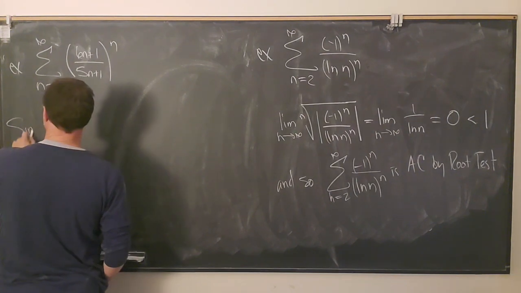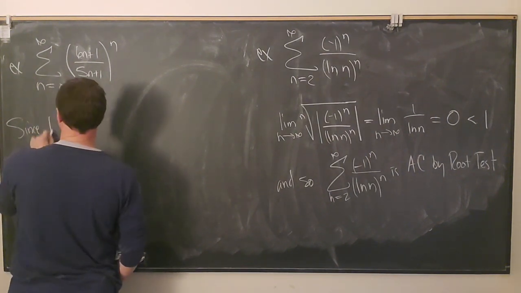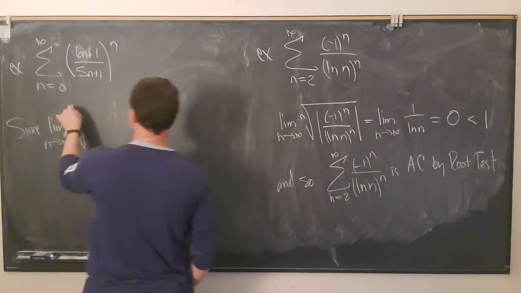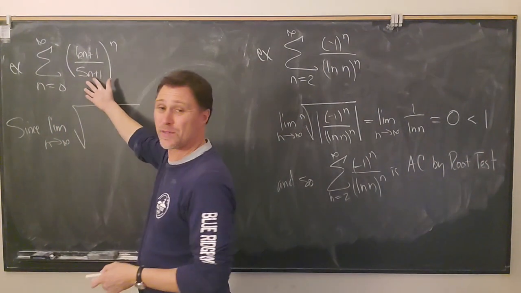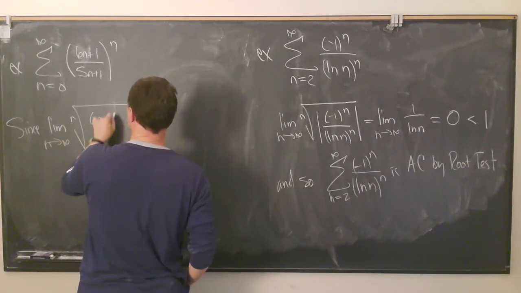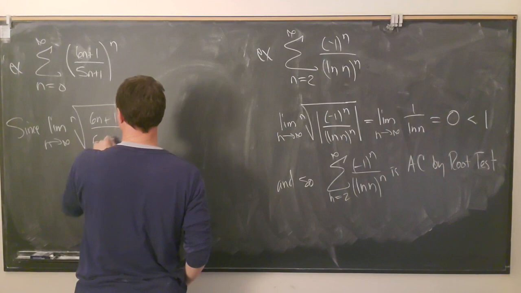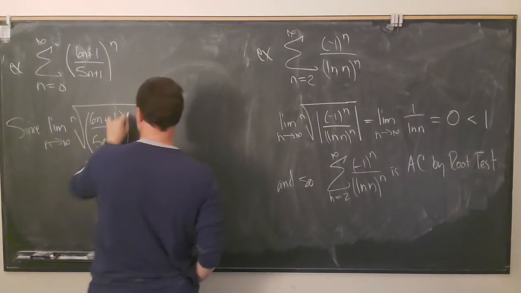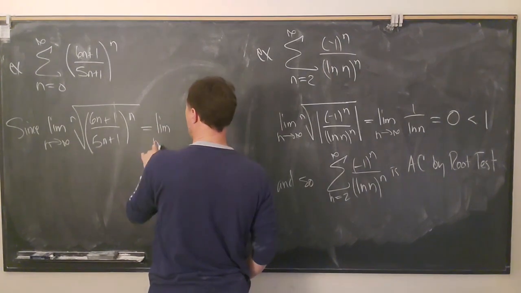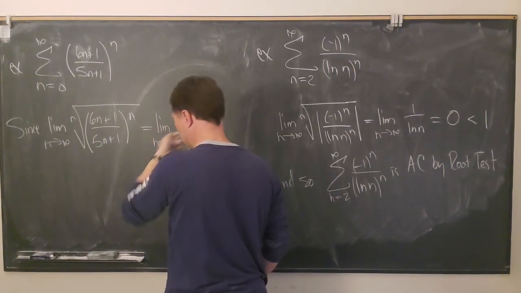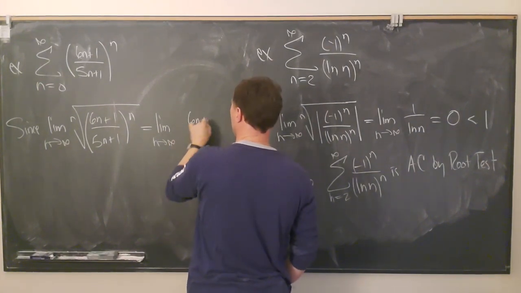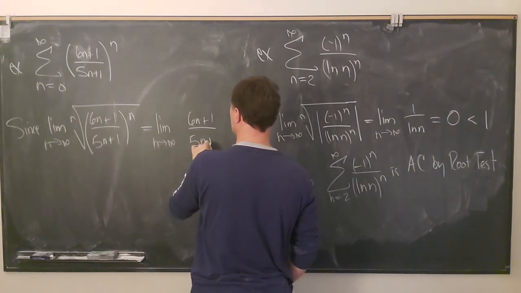So the limit as n goes to infinity of the nth root, it's not alternating, these are all positives, so I don't even need to take the absolute value, of ((6n+1) over (5n+1)) raised to the nth power, is equal to the limit as n goes to infinity of (6n+1) over (5n+1).